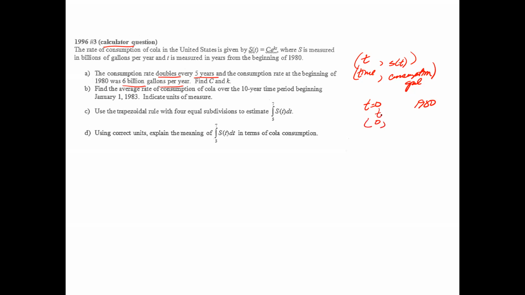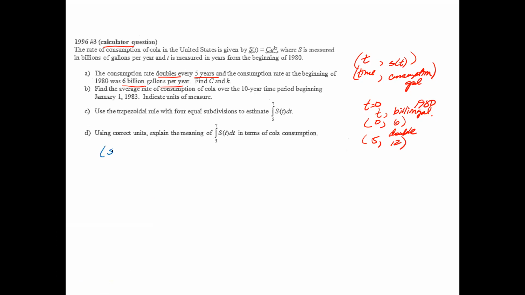So when time is equal to 0, I know that the consumption was 6, and that 6 is going to be in 6 billion gallons. Okay. And then it says that at S of 5, it is going to double every 5 years. So if it's going to double, that means that 6 gallon then becomes 12 gallon. So those are the 2 points I'm going to be working with.